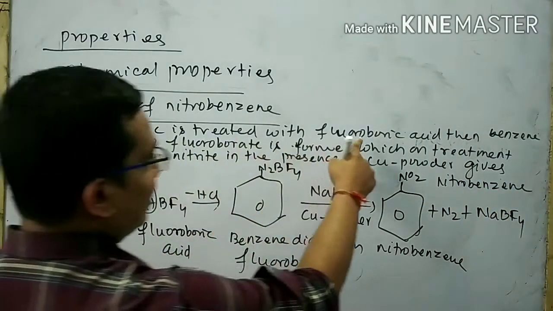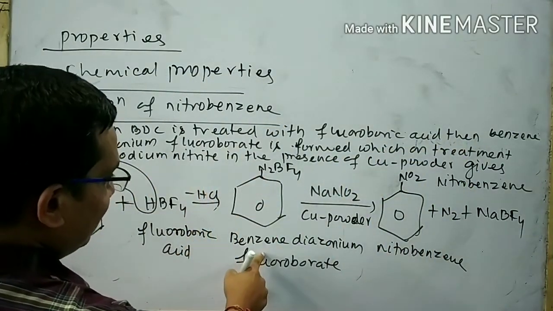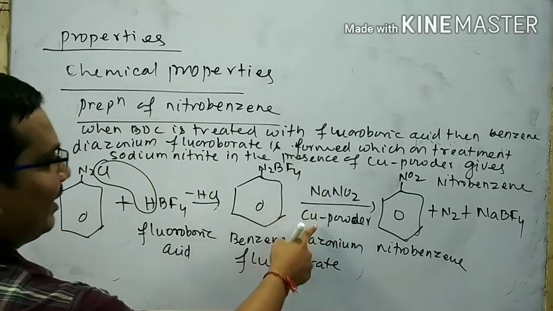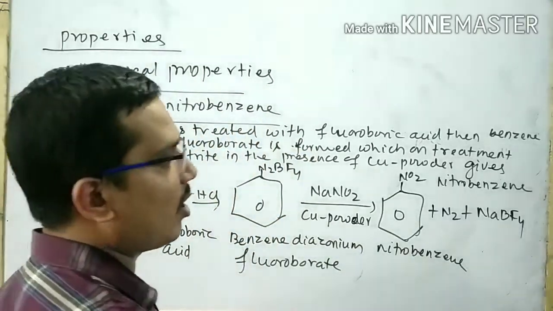When BDC is treated with fluoroboric acid, then benzene diazonium fluoroborate is formed, which on treatment with sodium nitrite in presence of copper powder, then nitrobenzene is formed.